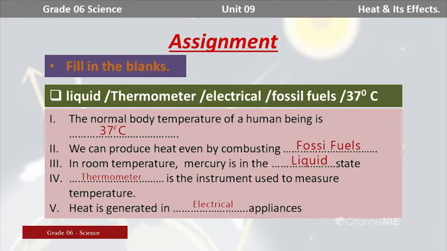In room temperature, mercury is in the liquid state. Thermometer is the instrument used to measure the temperature. So, write capital T there when you are writing thermometer. Heat is generated in electrical appliances. Right, now we have completed that assignment.